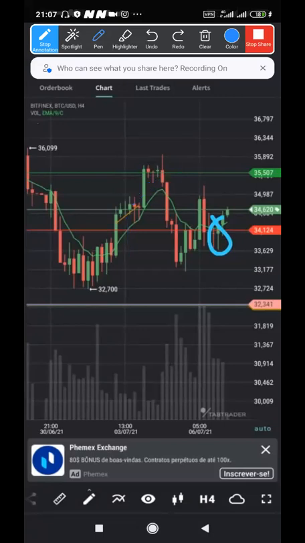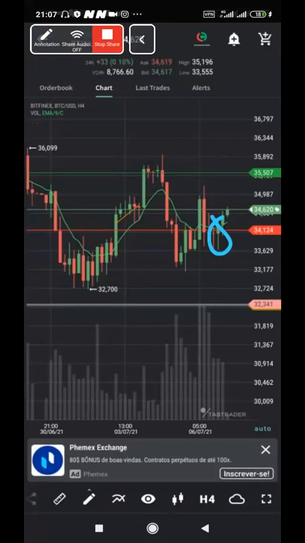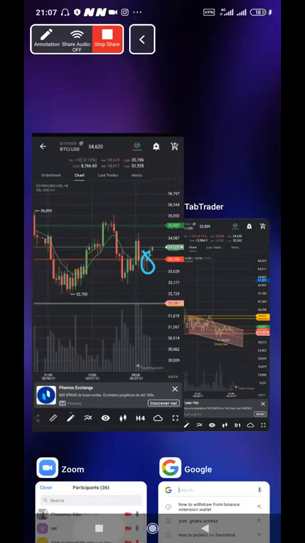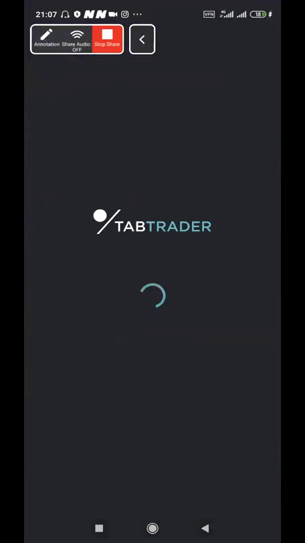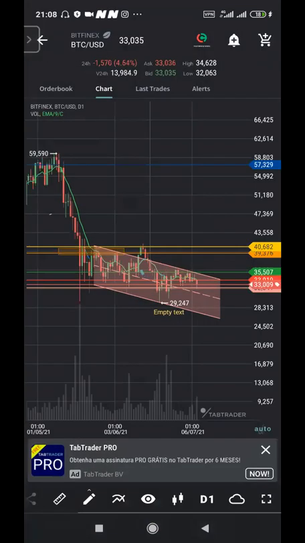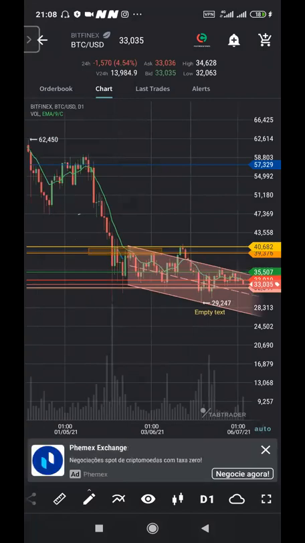So we talked about all those things, and then we went ahead to talk about setting your stop loss using the risk and reward ratio, 3:1, 2:1.